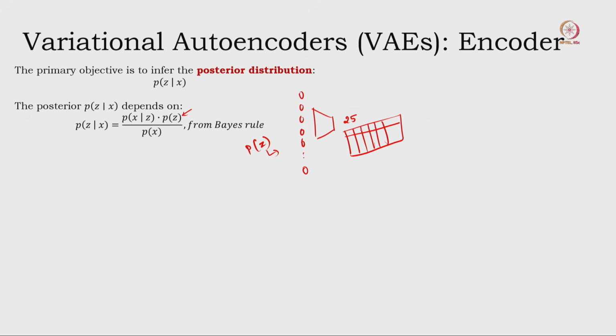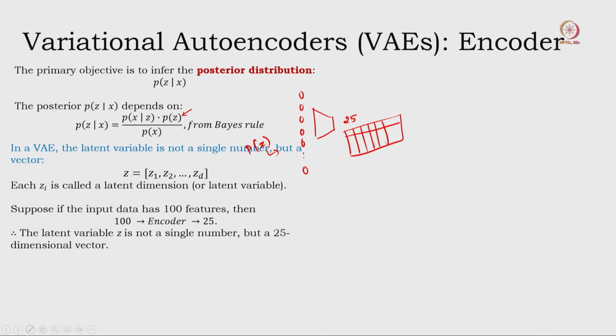So, the Z, the latent space that we are getting, is not a single number. In VAE the latent space is not a single number, but a vector.